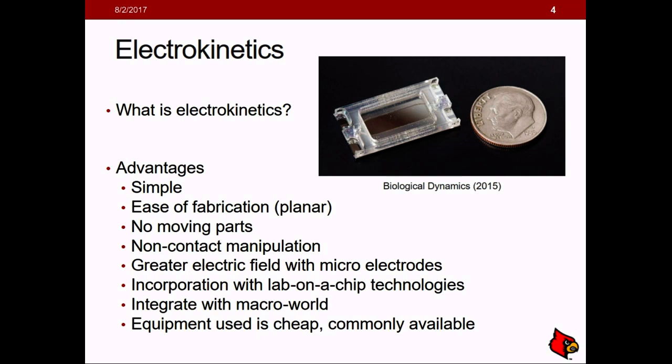Of course there are variations depending on your geometries, but with that strength, you're able to manipulate particles on the micro scale that you are not able to, or at least not easily able to, on the macro scale.